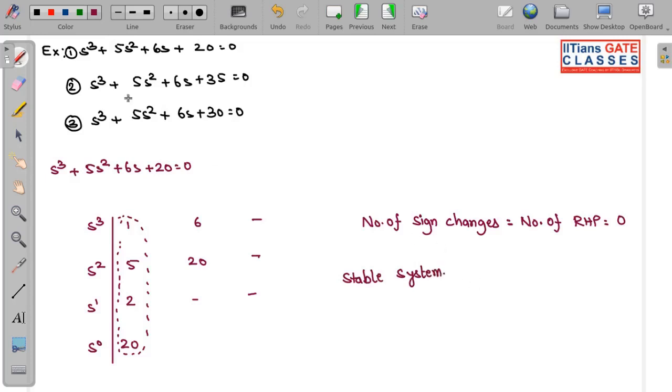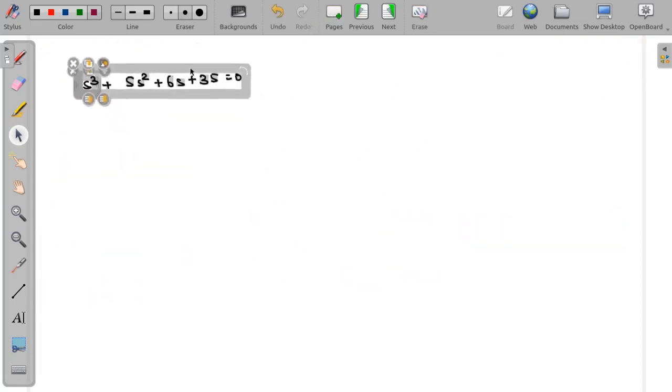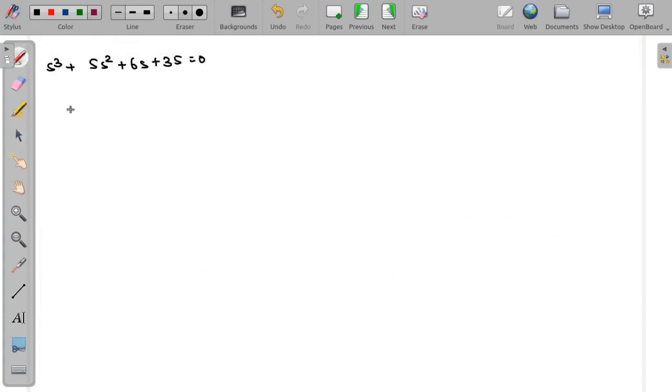Okay. So now let us see the second example. So second example is what? s cube plus 5s square plus 6s plus 35. So if we solve this, once again let us make the route table.